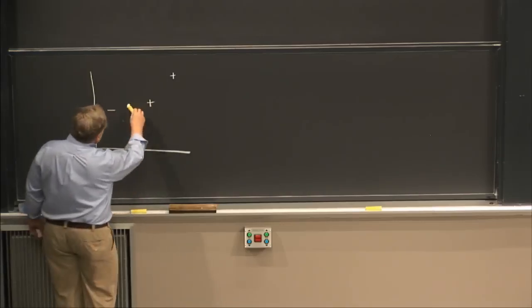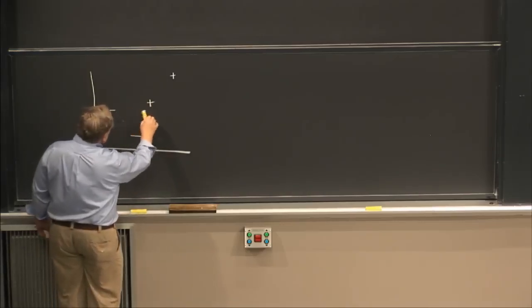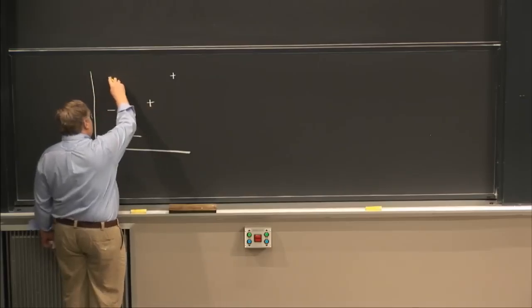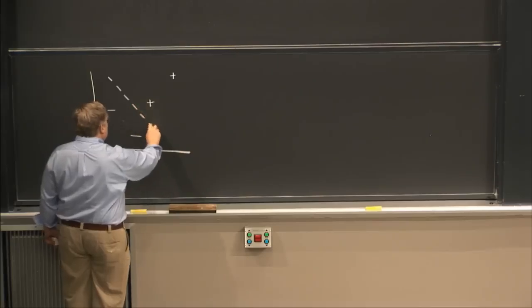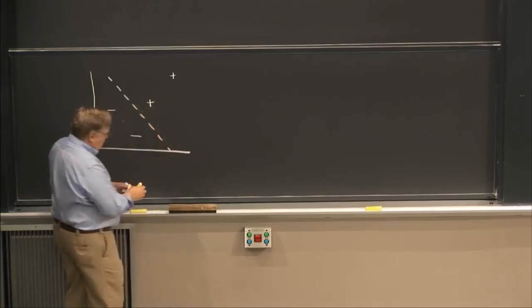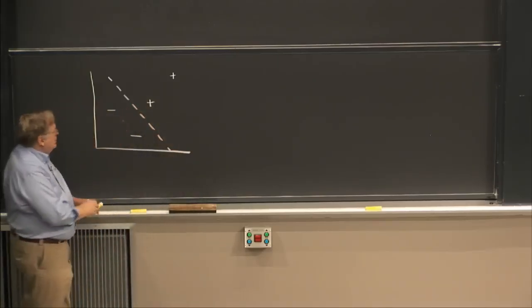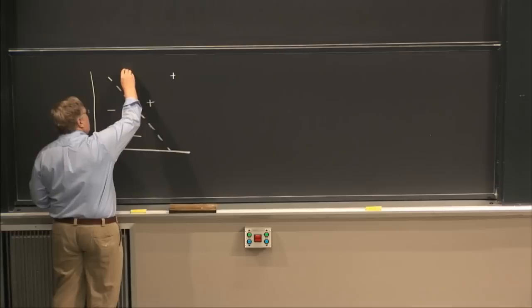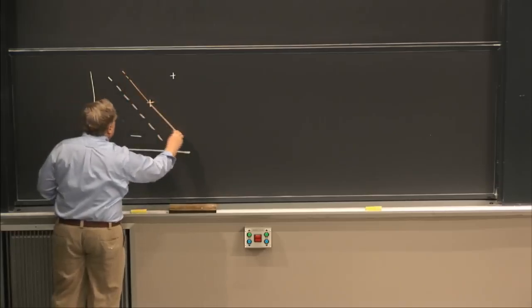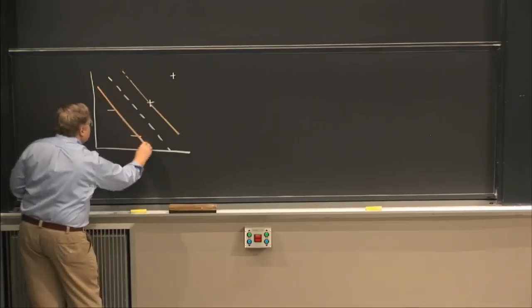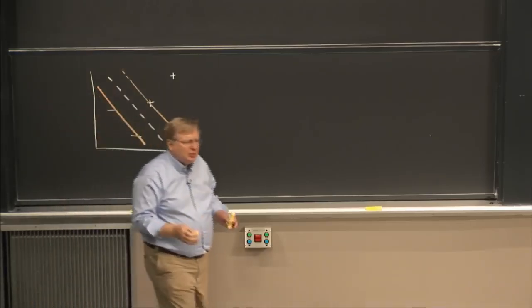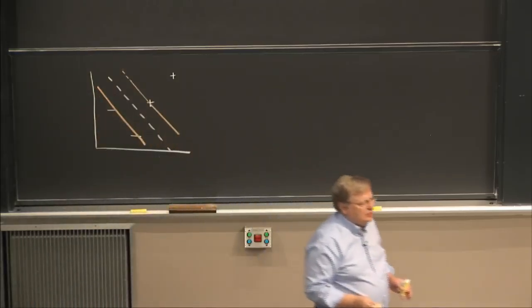So maybe what we ought to do is draw our straight line in here, sort of like this. And that line is drawn with a view toward putting in the widest street that separates the positive samples from the negative samples.